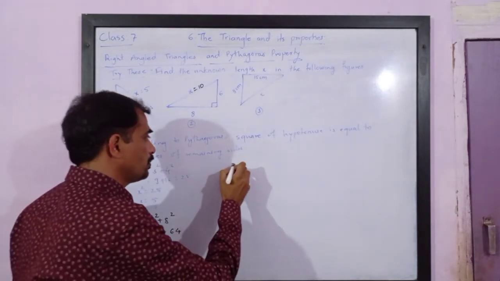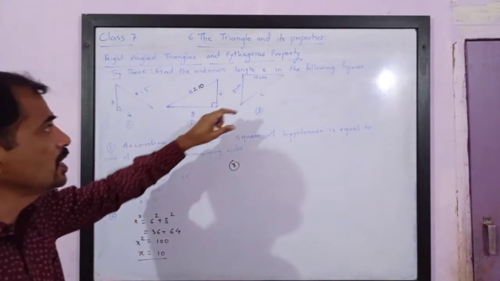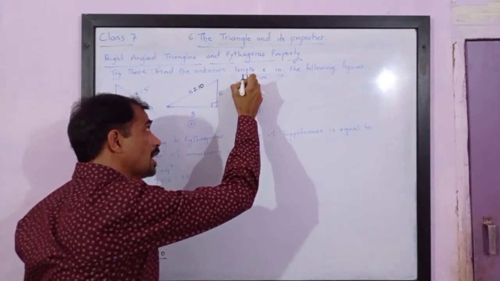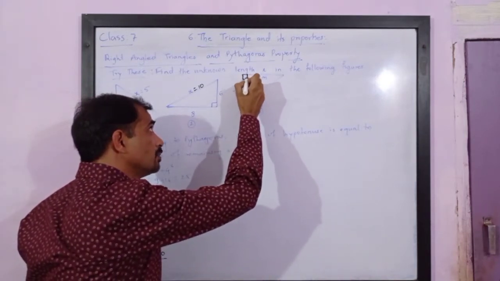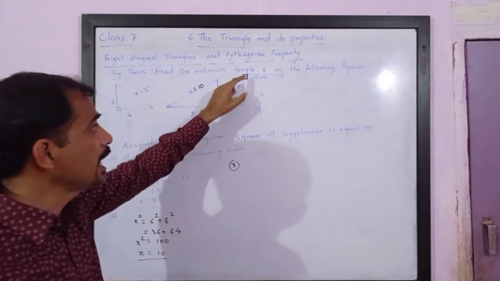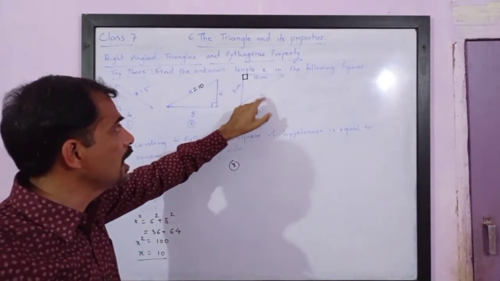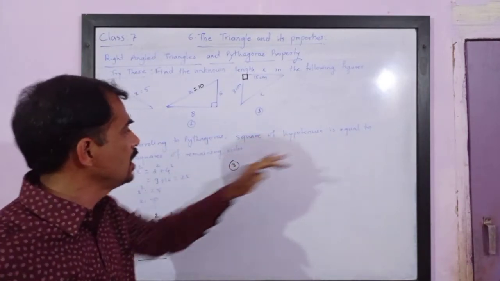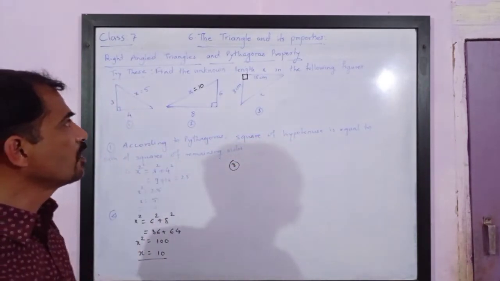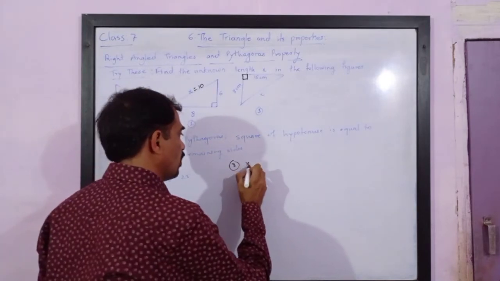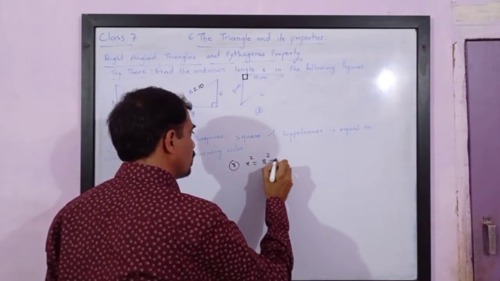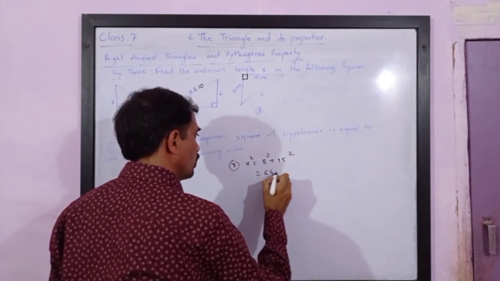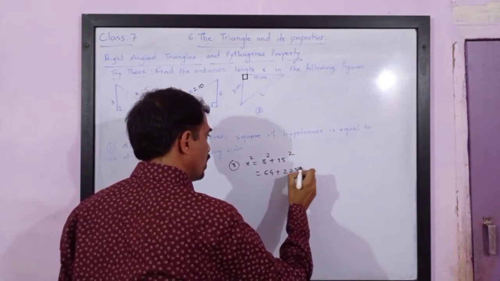In the third figure, you will notice that this time they have changed the triangle. This angle is the right angle. In this right angled triangle, the side opposite to the right angle is x. So again, by using the Pythagoras statement, the square of the hypotenuse is equal to the sum of the squares of the remaining sides. We get x square is equal to 8 square plus 15 square. Now 8 square is 64, 15 square is 225.